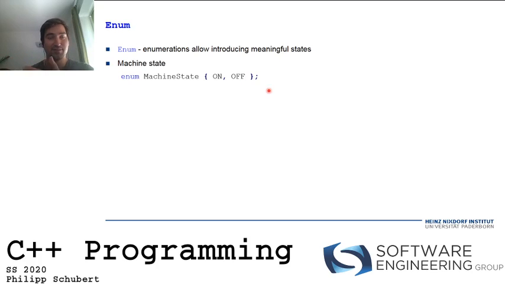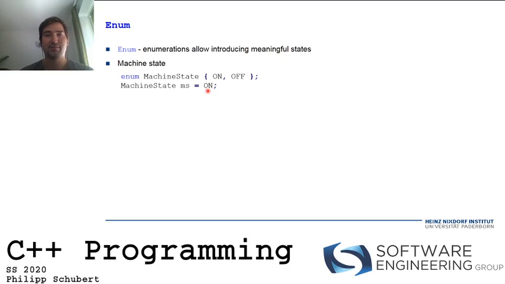So you could enumerate all your states, and here for the machine state maybe we have two states, on and off, and it's clearly readable. So you can have arbitrary symbols as state names. And here if you have a machine state variable, it's clear, it's either on or off, and you don't have to misuse other types for that to enumerate states.